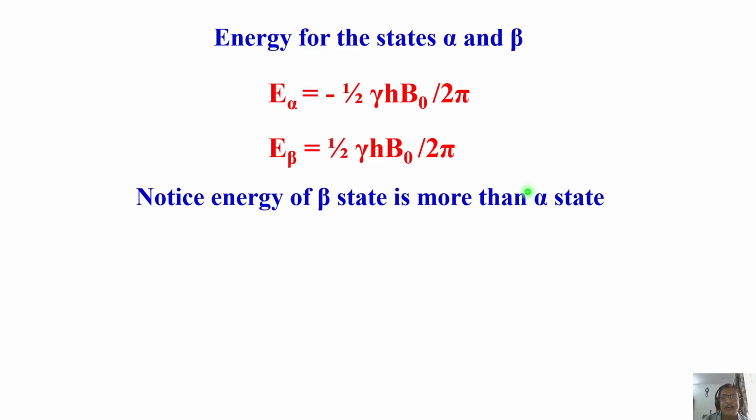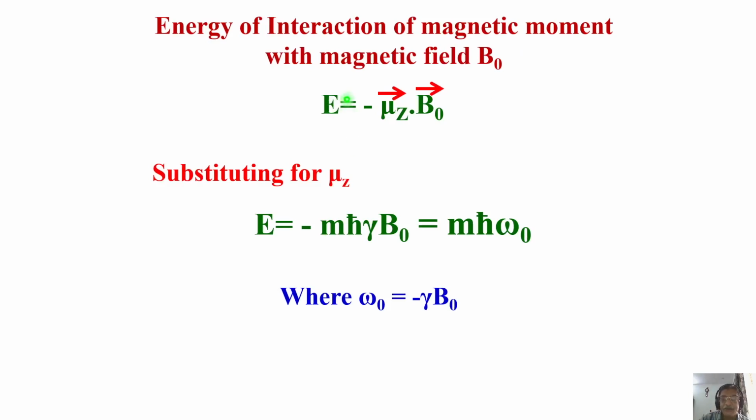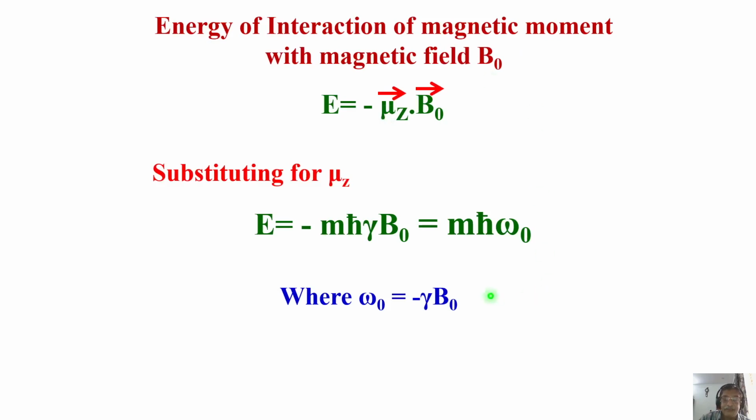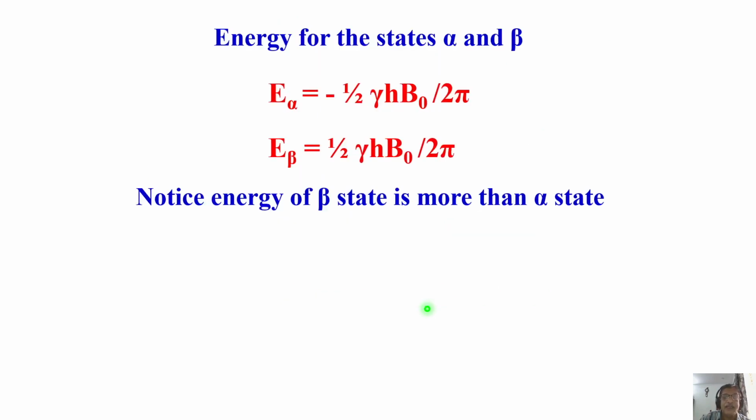Energy for the two states alpha and beta, that is the plus half state and the minus half state. Just find out what m is here. m is equal to plus or minus half. Substitute for that. For the minus half state, remember there's a minus here. Okay, sorry, the minus component is removed. For E alpha and E beta, there is one mistake I have made.